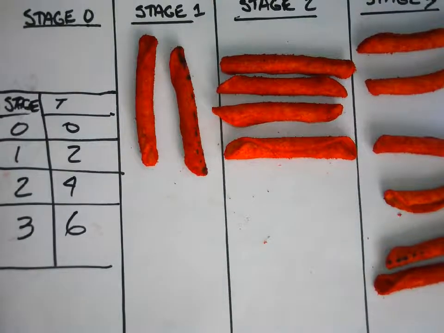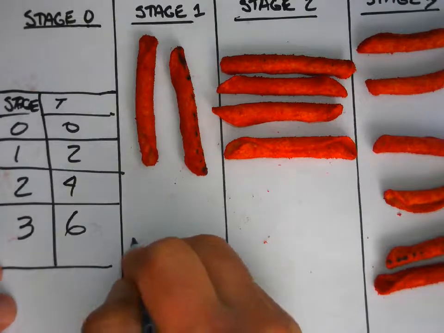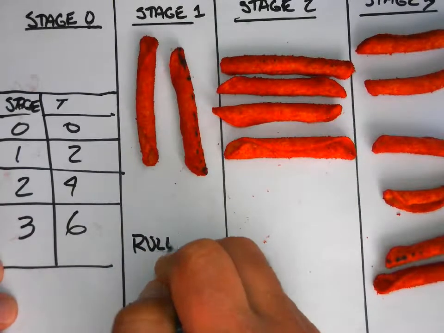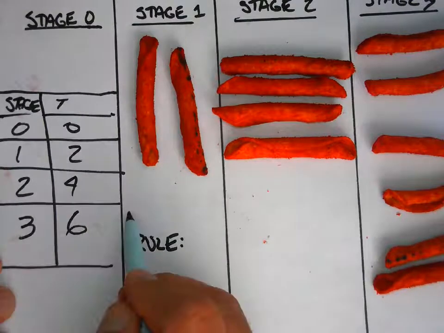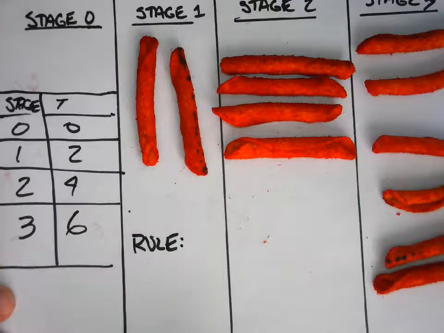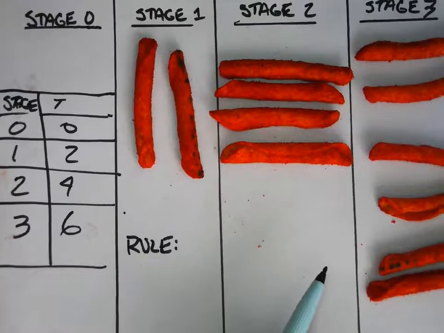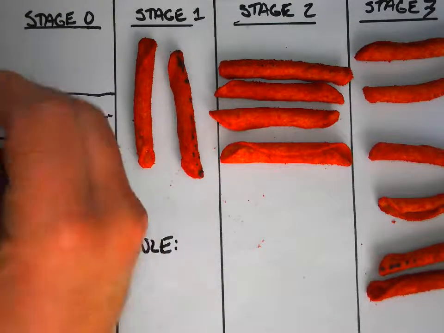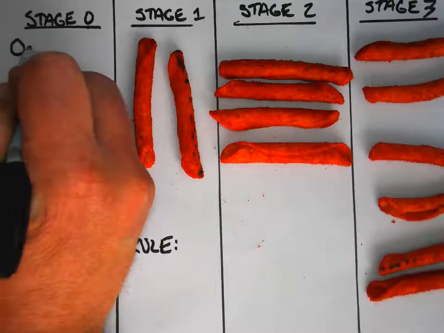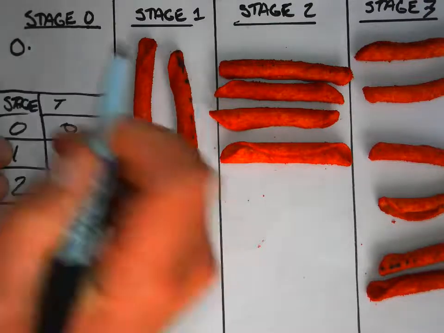So here's our table, and we're going to do the same thing we did in the first example, where we need to figure out what the rule is. So we need to write a rule. The rule is just, in plain English, what's going on in this scenario. So the rule is multiplicative. Remember, stage 0 would be 0 times 2.